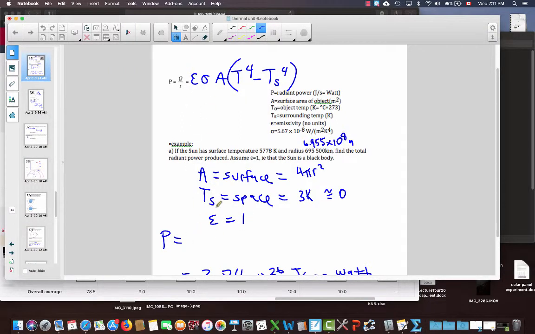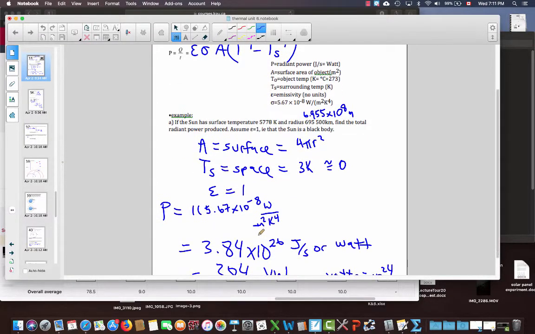So if we just substitute in here, we'll have 1 times Stefan's constant of 5.67 times 10 to the power negative 8 watts per square meter Kelvin to the 4th. Okay, running out of room there, scroll up, there we are.